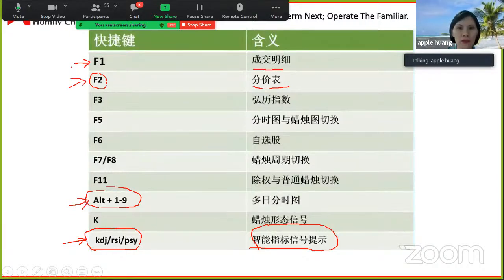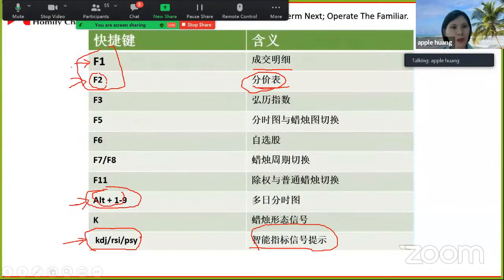F1 will have a breakdown of the trading detail. So this is a summary of the trading detail, and F1 is the breakdown of F2. So try to make use of these few hotkeys when you use the PC kit.